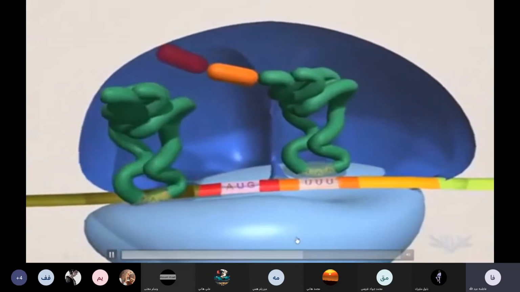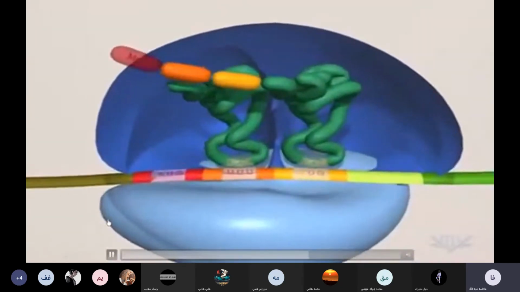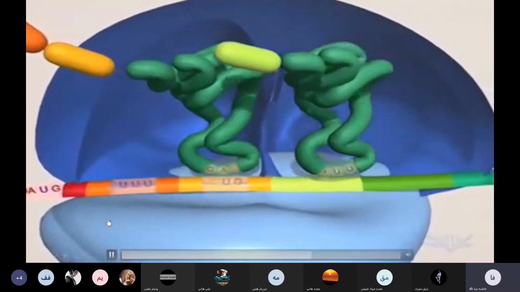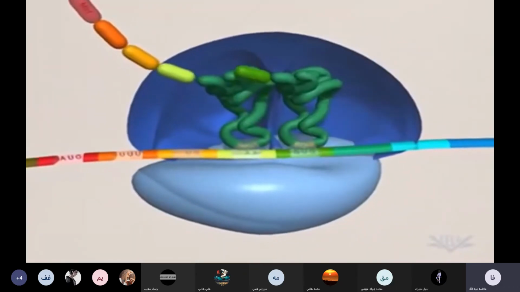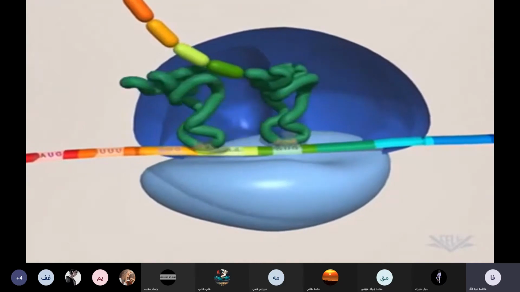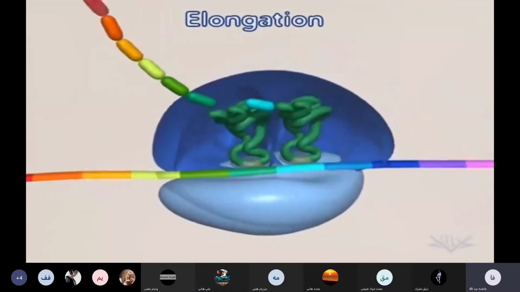The first tRNA exits, the ribosome moves along the mRNA, and the next tRNA enters. These are the basic steps of elongation.